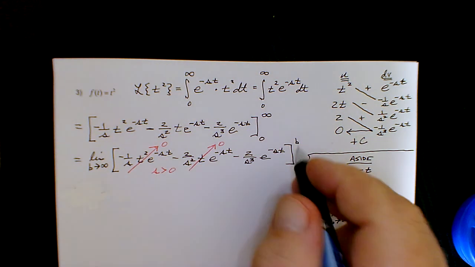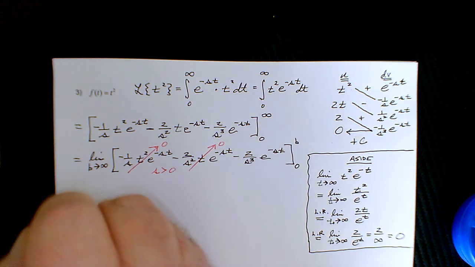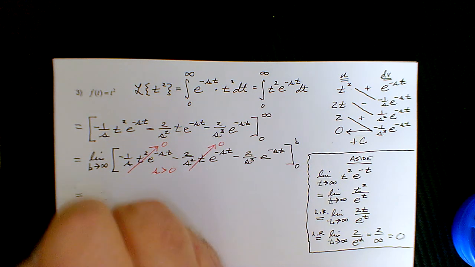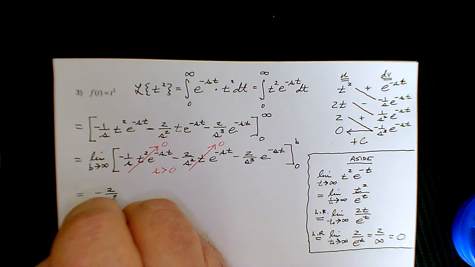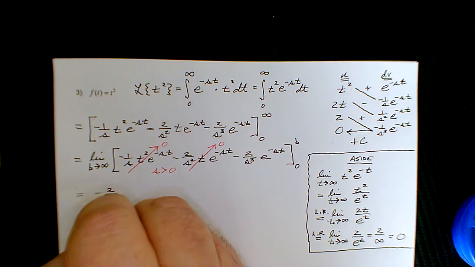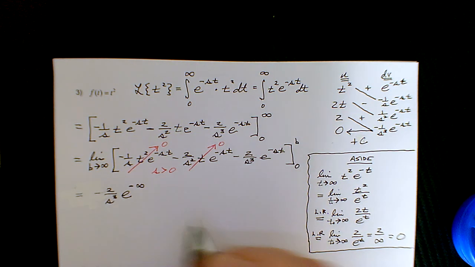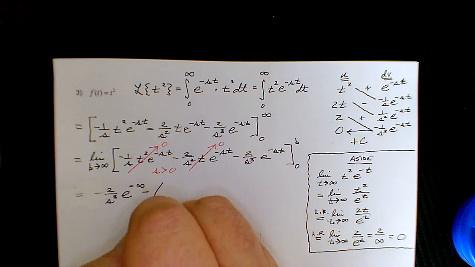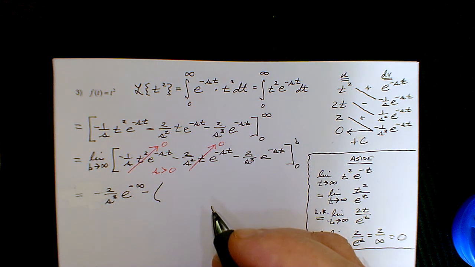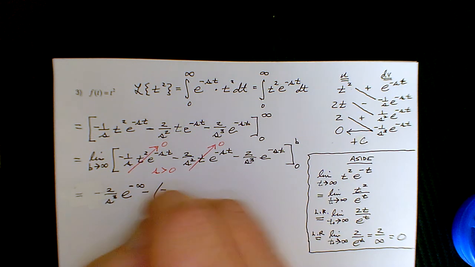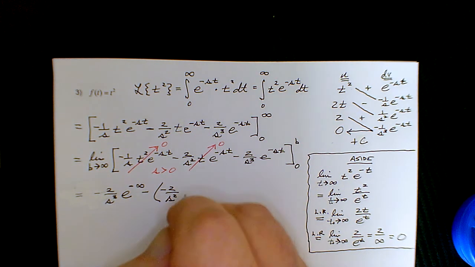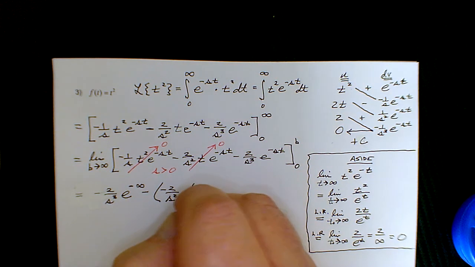And then we'll have that this term gives us upper limit, negative 2 over s squared, e to the negative infinity, and then minus lower limit, minus 2 over s squared, e to the 0.